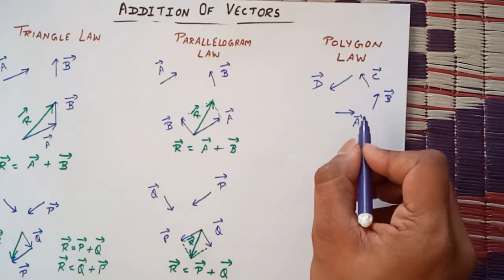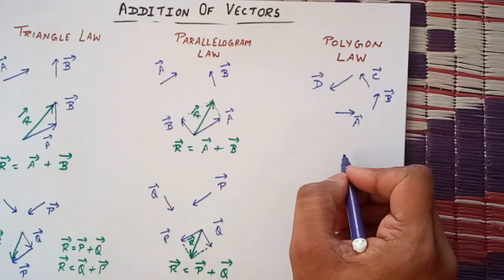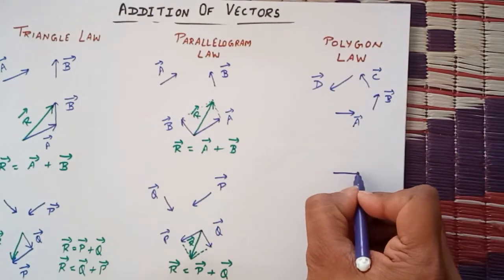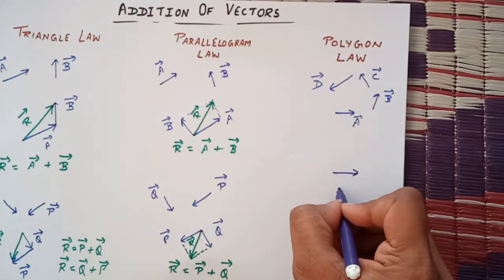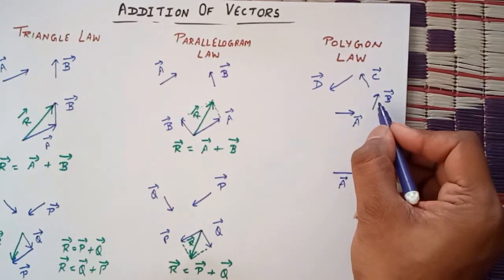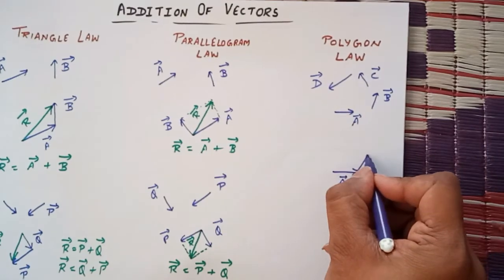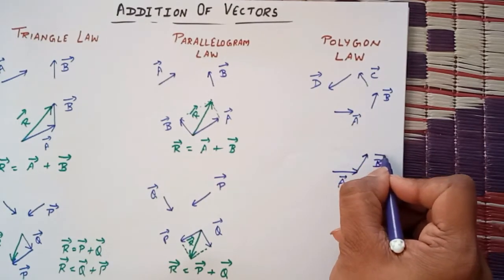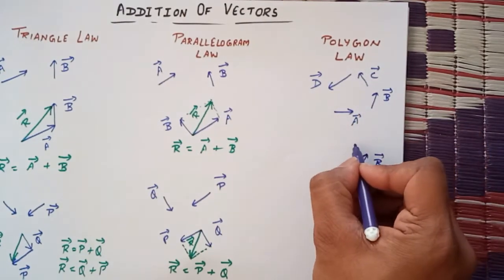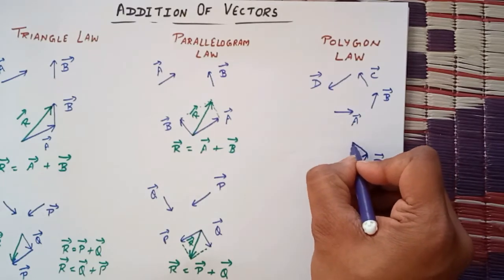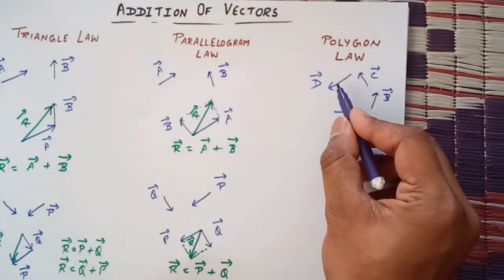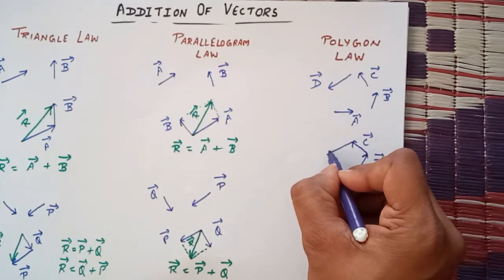So first of all I will arrange all of them by making a polygon in the continuous order. Let me keep a vector here, shifted b vector towards this side, shifted c vector slightly downwards, d vector keeping same.